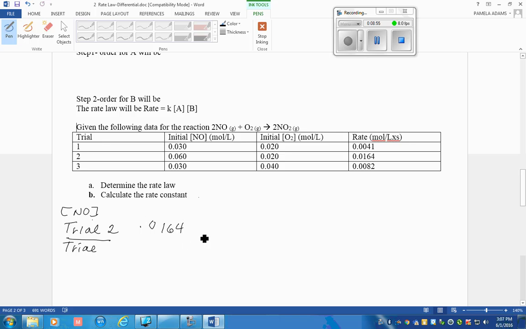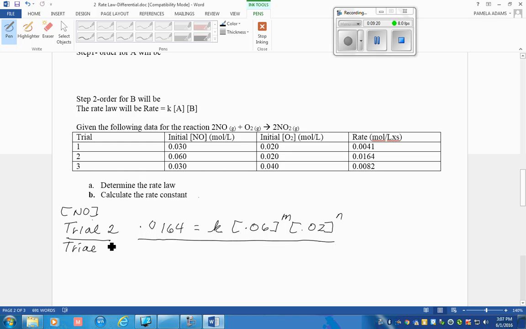So the rate, 0.0164 in trial 2, is equal to the rate law constant times the value of NO in this trial raised to some power, I'm going to call it m, times O2 raised to some power, and I'll call that n.